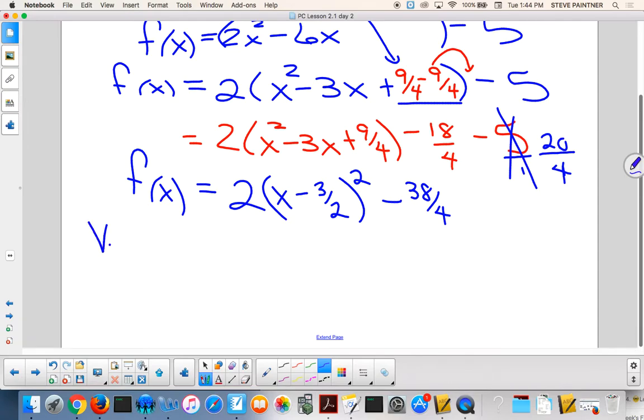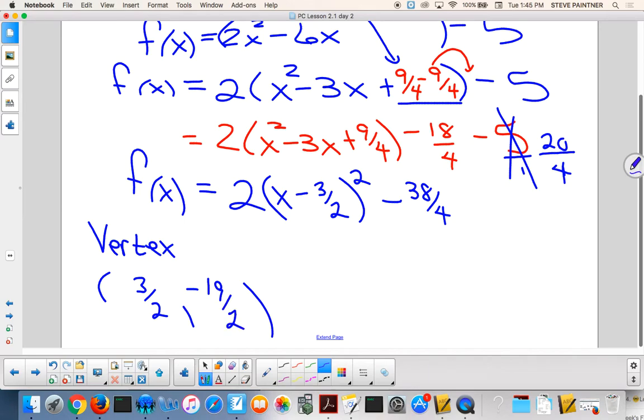What's the vertex on this one? John, what's the vertex? 3 halves, negative 38/4. But you can reduce it to negative 19 halves.